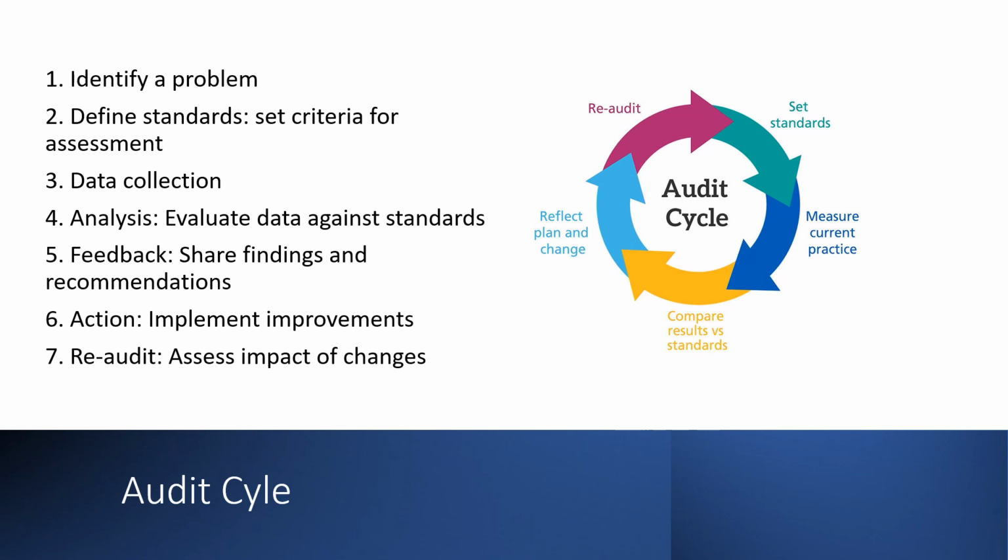So with an audit cycle, we identify a problem and then we define the standard, so a criteria for assessment. For example, the NICE guidance might suggest you have to do certain tests before you are referred for a specialist review. A good example of that is in ovarian cancer.